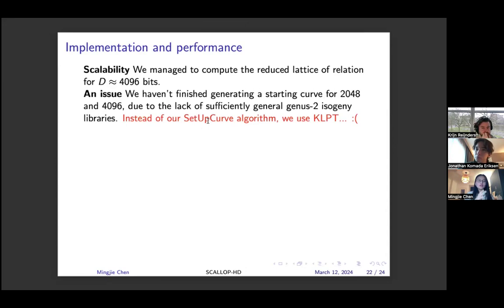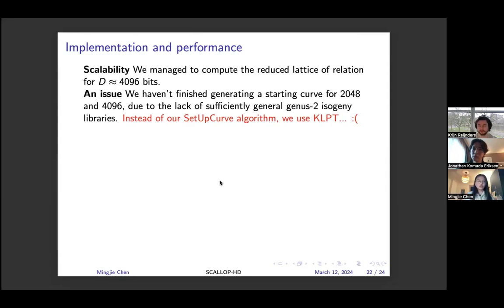Instead of using the algorithm for setting up a starting curve that I just presented in one of the previous slides, we actually use KLPT, which is not so good because we need to work with lots of extension fields. So that means our pre-computation is not completely done yet.